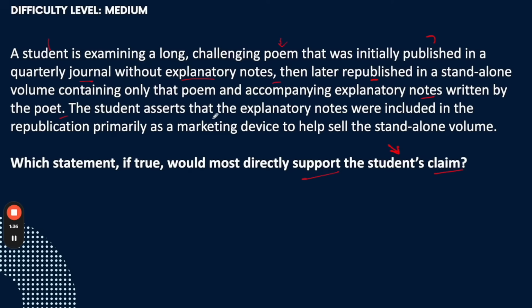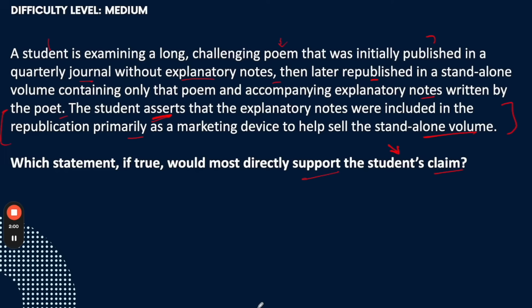Now the student asserts that. Now this is where the student's claim is coming up, right? So pay extra attention to this. "The student asserts that the explanatory notes were included in the republication primarily as a marketing device to help sell the standalone volume." Now that we have identified the claim, let's rephrase this and understand it better.